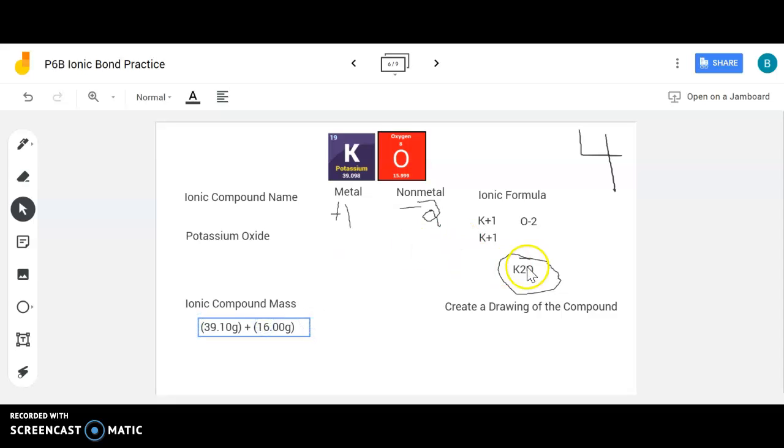So I have my 2 masses. Now I need to look at the quantity. So I'm going to have 2 potassium. So what that means is I'm going to need to put a 2 in front of the mass of potassium. And I'm going to multiply 2 times 39.10, sorry. So 39.1 times 2 is going to come out to 78.20 plus 1 times 16, because there's 1 oxygen.